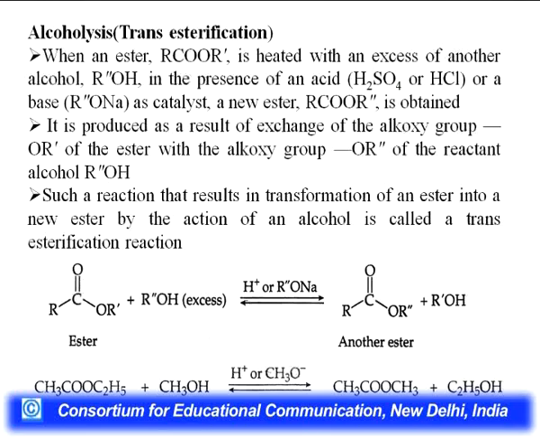In the reaction you can see an example: ethyl acetate when reacted with methyl alcohol will give you methyl acetate, that is, the ethyl group will be replaced by the methyl group, so transesterification takes place.